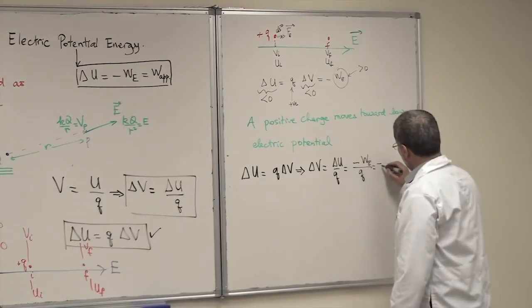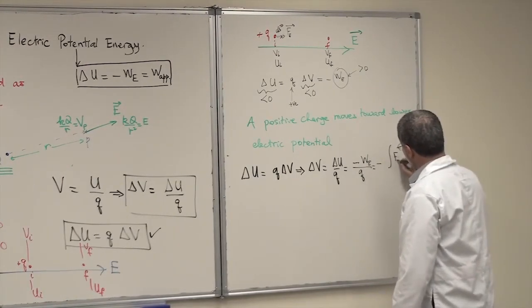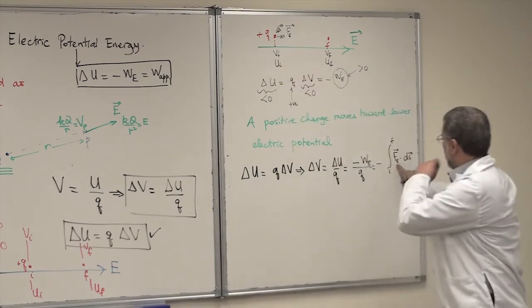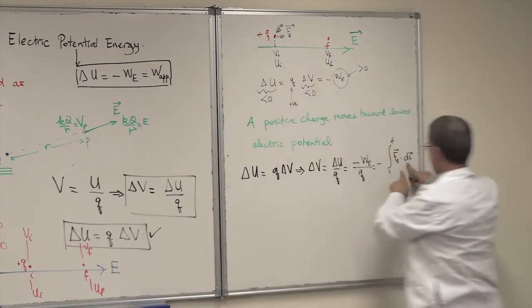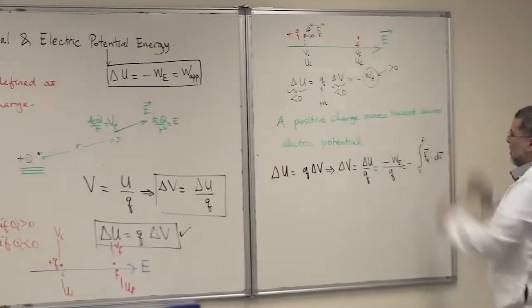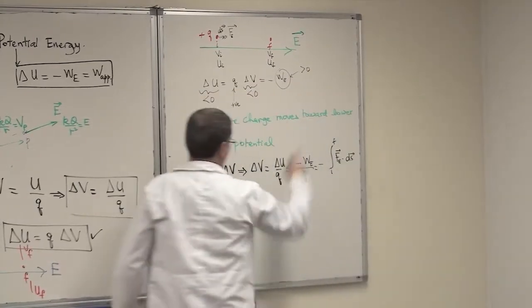And the work done by the electric field is the integral of Fe times ds, between I and F. What is the angle here between ds and F? It's 0, so the cosine of 0 will give me 1. So I can remove those things in the arrows.